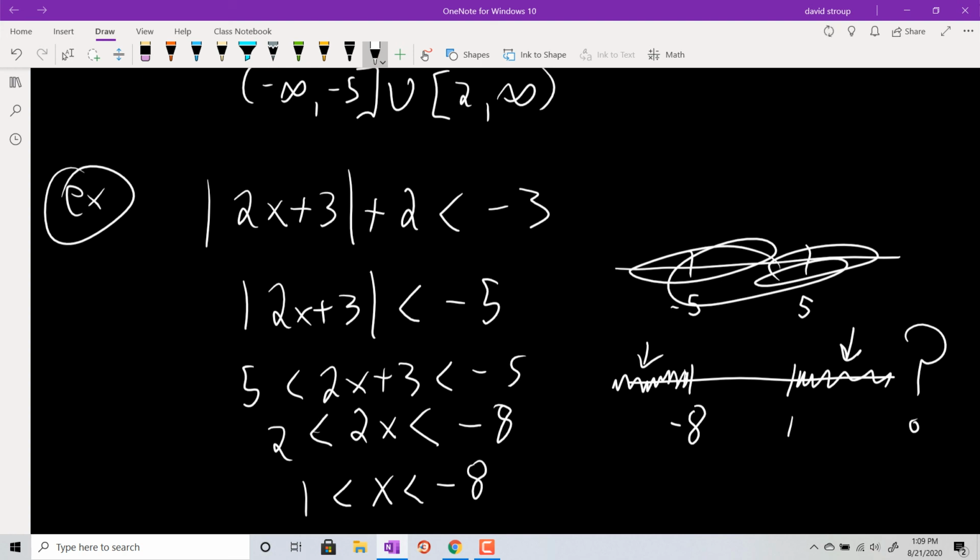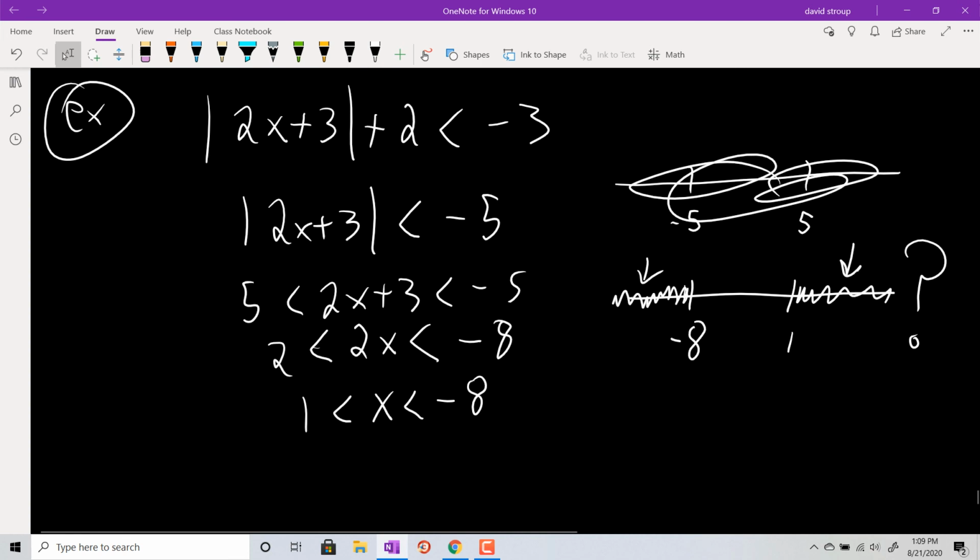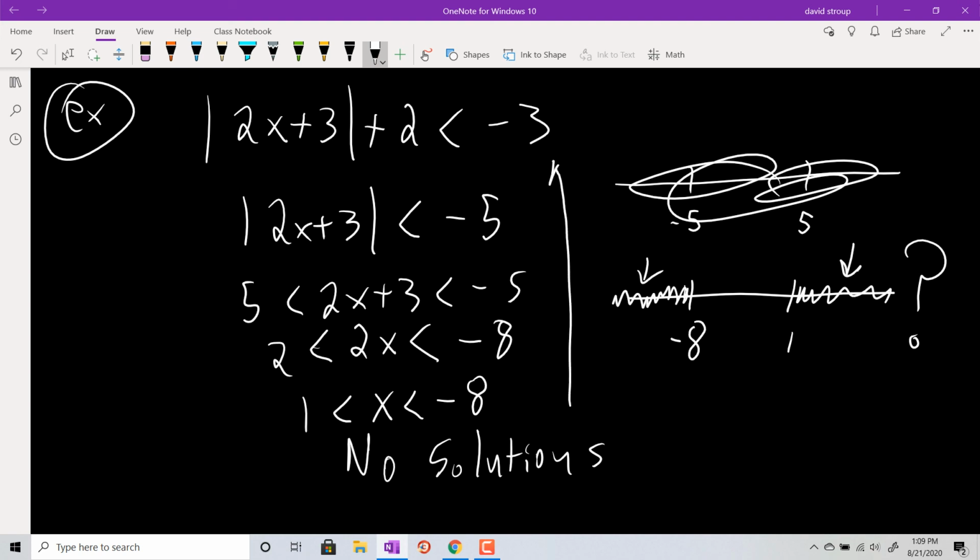So what I'm trying to get at is, always keep your pulse on reality, so to speak. In this case, there's no solutions to that inequality. It's just never going to be the case that that thing is less than -3 because of this absolute value.